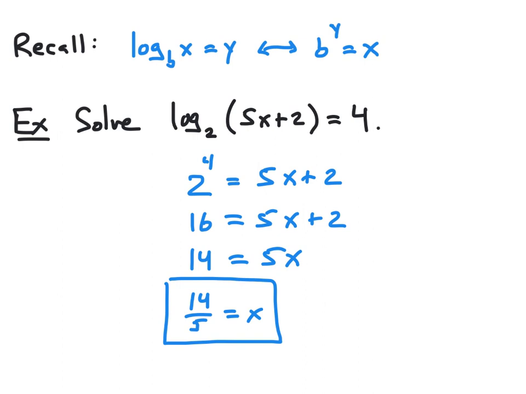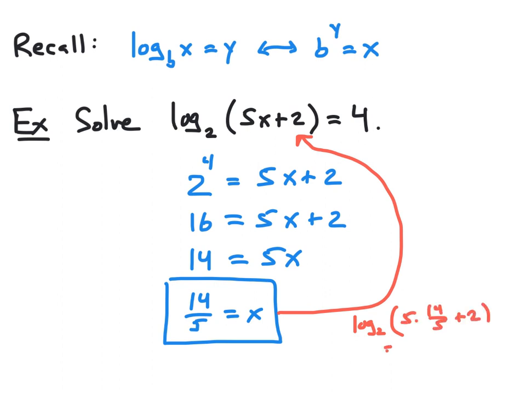Now, it's important with log equations that we always check to make sure that our solution is defined in the original equation. If we take this solution 14/5 and substitute it into 5x plus 2, what we get is a log base 2 of the number 5 times 14/5 plus 2.